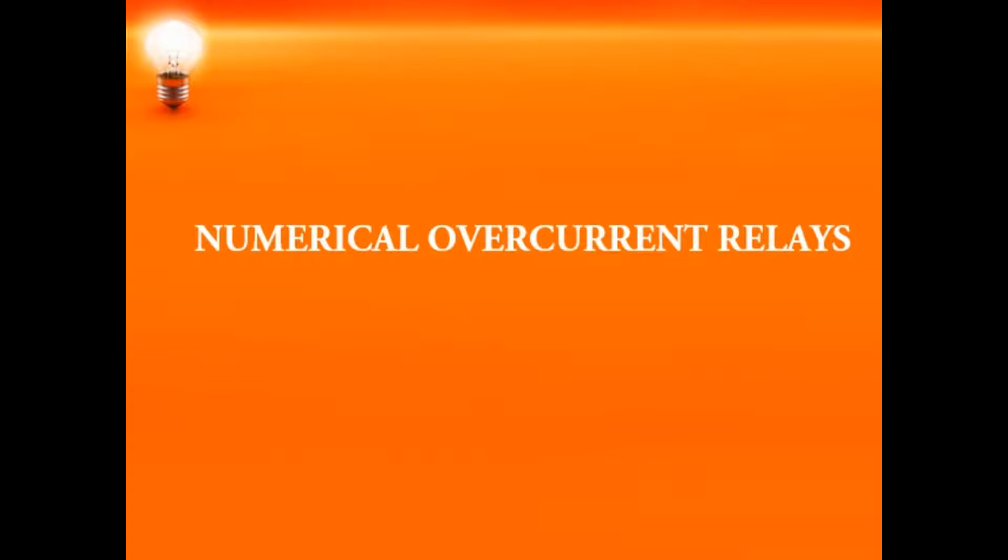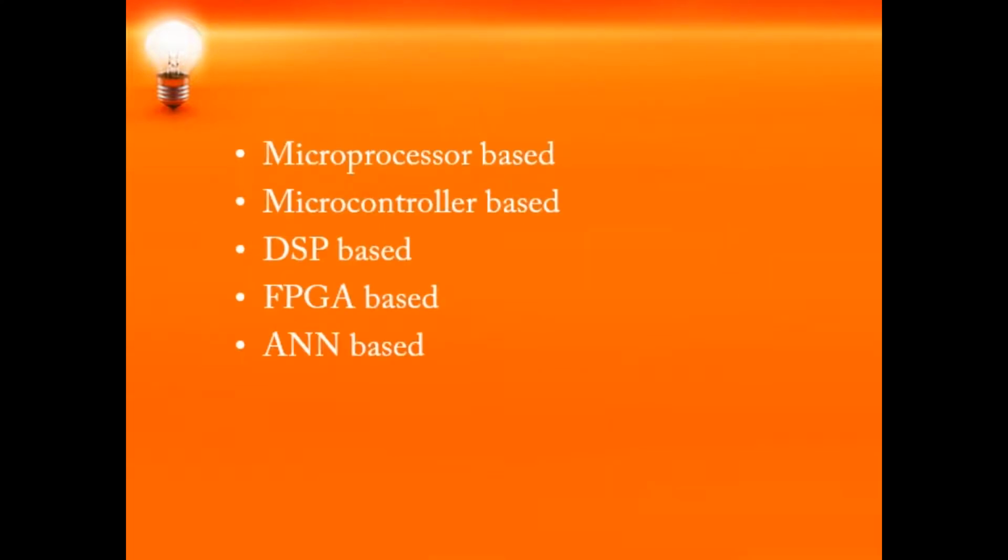With the available processors, we have the classification of numerical overcurrent relays as microprocessor based relay, microcontroller based relay, digital signal processor based relay, FPGA based, that is field programmable gate arrays, or artificial neural network based overcurrent relays.